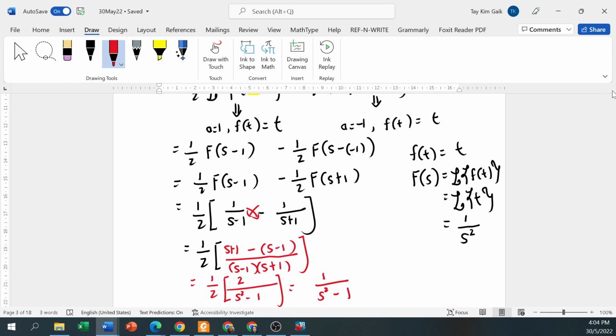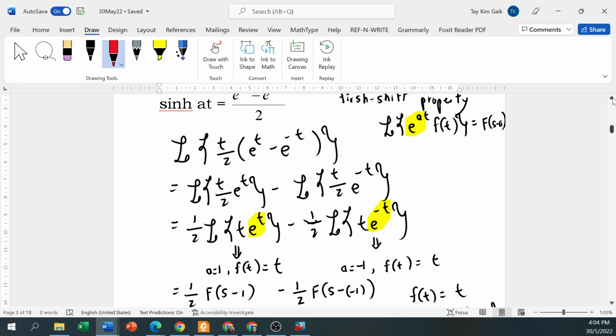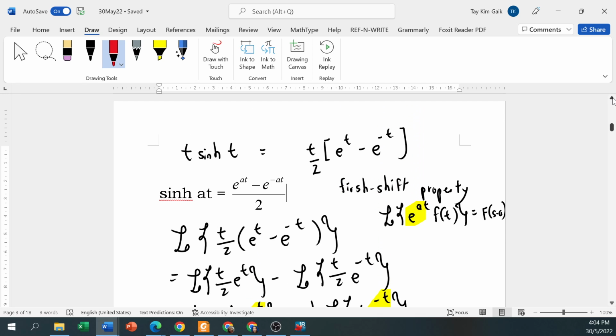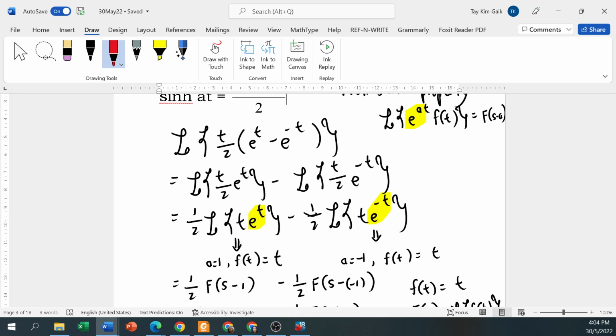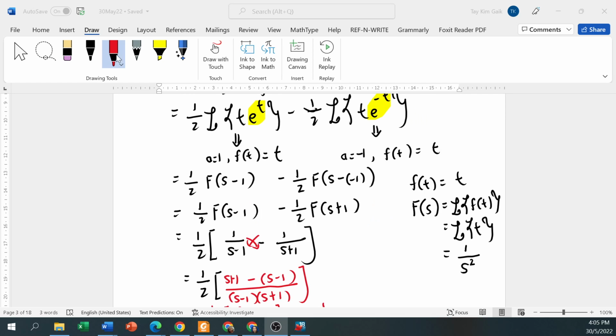Sin t is exponent t minus exponent negative t, divided by 2. So 1 over s squared.